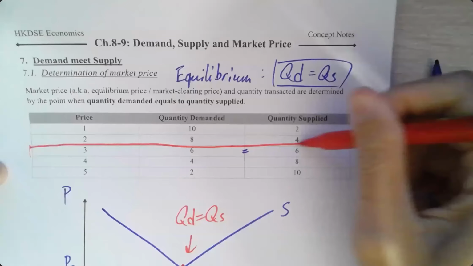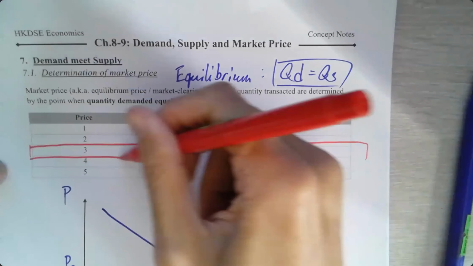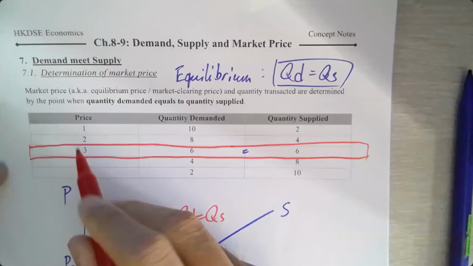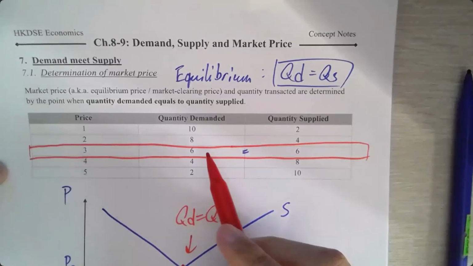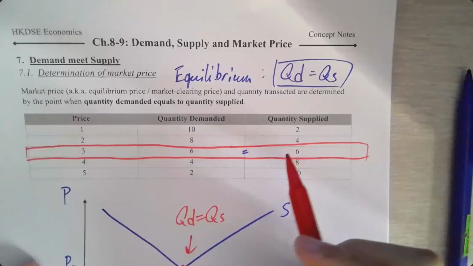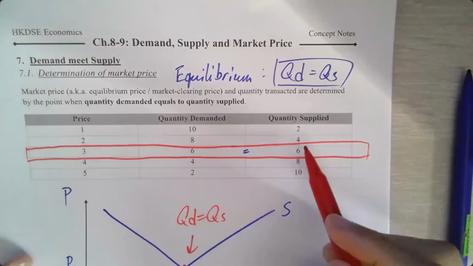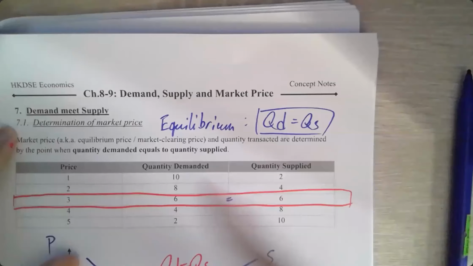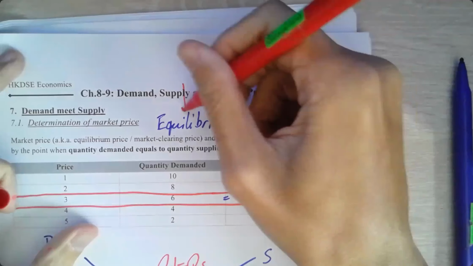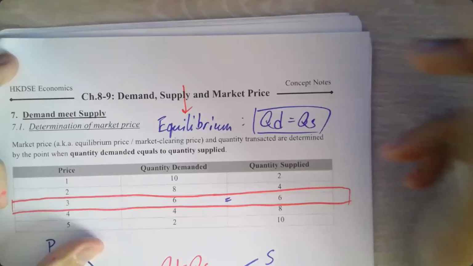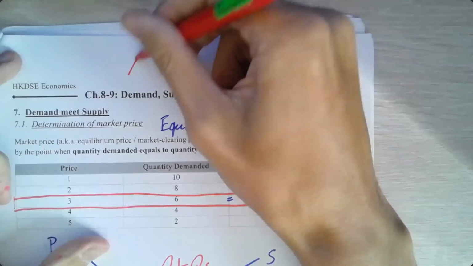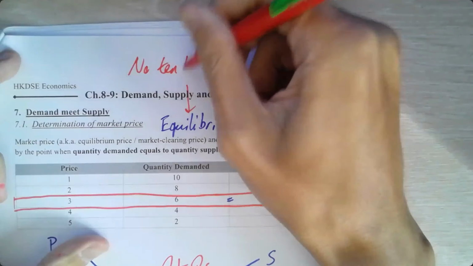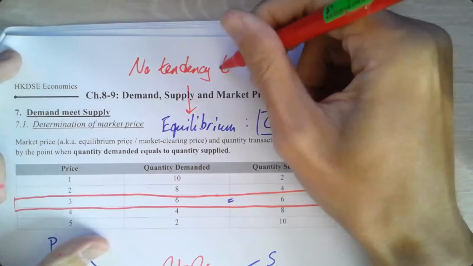So we know under this situation, the market price would be $3, okay, and the equilibrium quantity would be 6 equals to 6，6件啦，OK 好嘛？嗱，Sir，點解叫 equilibrium 嘅？嗱，equilibrium we also have a very long definition. If you look up in a dictionary, it means there is no tendency to change.